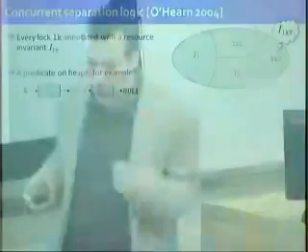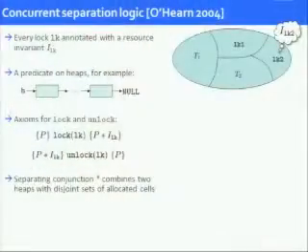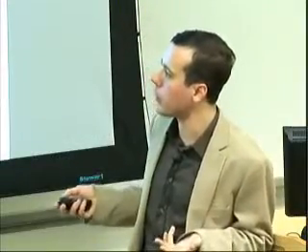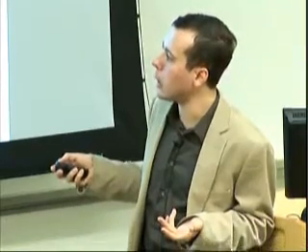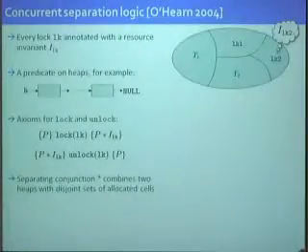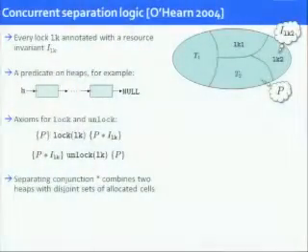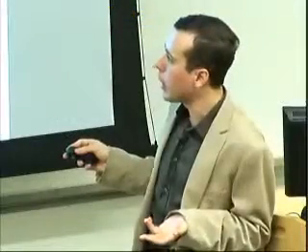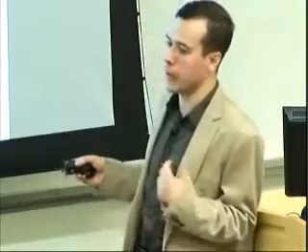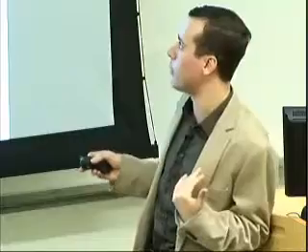And now the way the logic reasons about concurrency is using these axioms for lock and unlock commands. So let's see. What the axiom for lock says is if I have a lock command executed, for example, by the thread T1 here, then P will describe the local state of this thread before it executes the lock command. Then what happens after the thread executes the lock command, logically, it gets the ownership of the part of the heap protected by the lock.